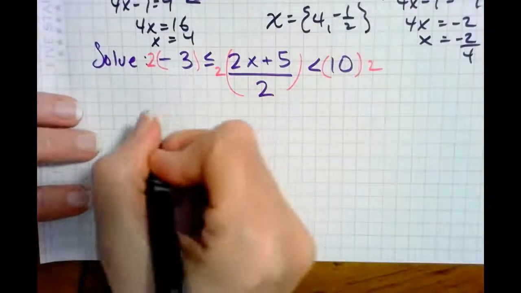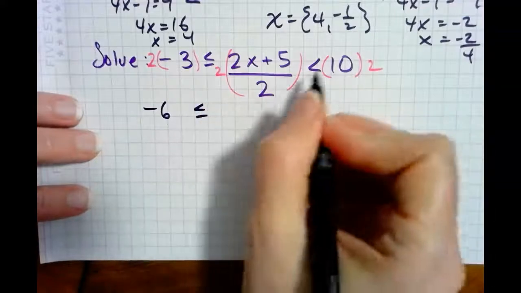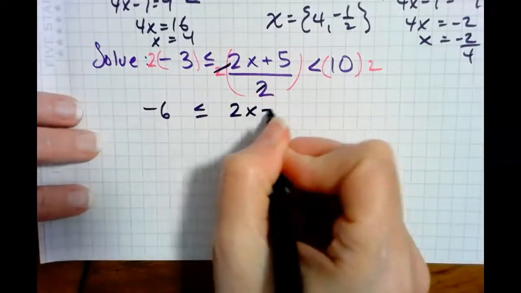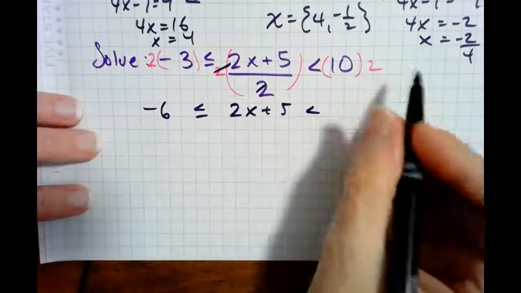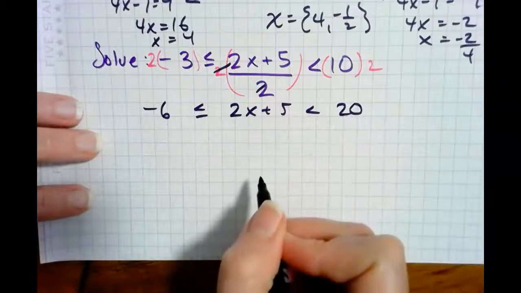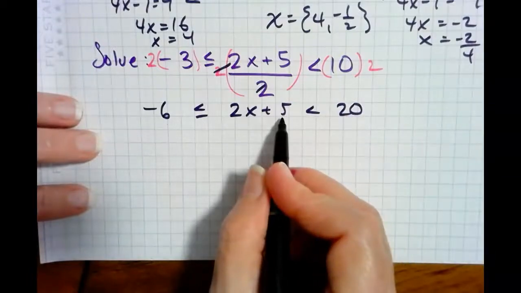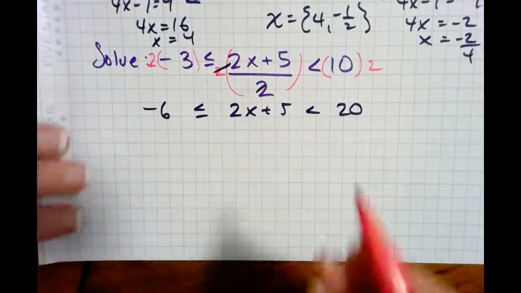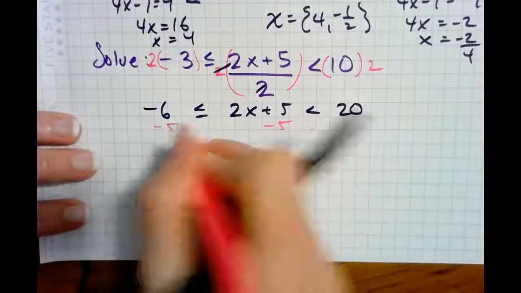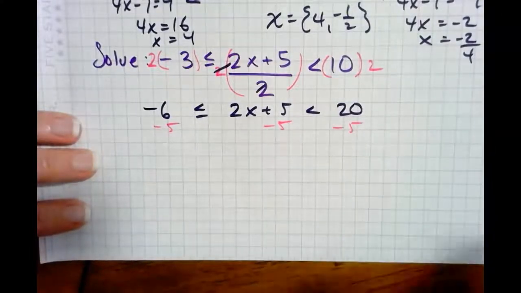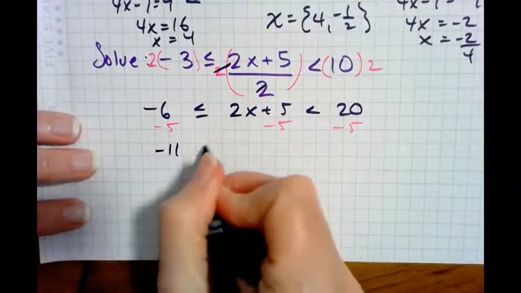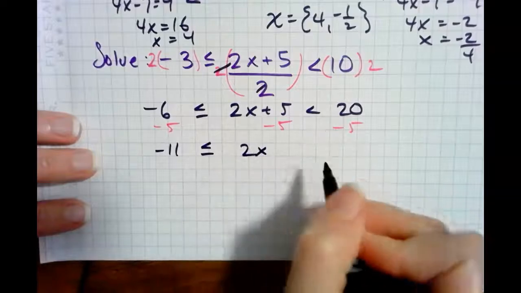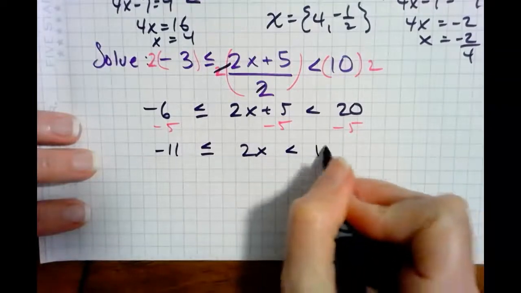So 2 times negative 3 is negative 6. The 2's cancel here, and we're left with 2x plus 5, and 2 times 10 is 20. So we can also get rid of the plus 5 with minus 5, and minus 5. So this is negative 11, which is less than or equal to 2x, which is less than 15.